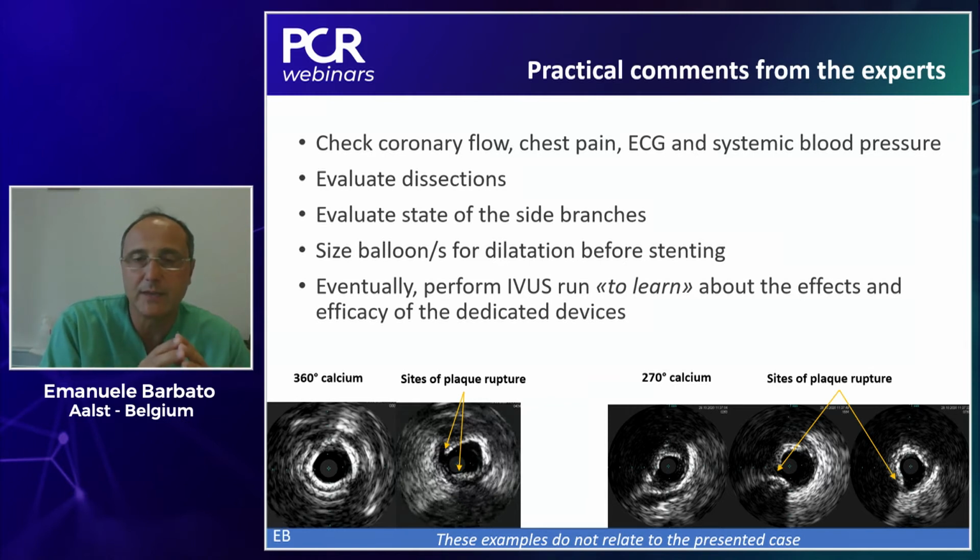I would make sure of that, and I would use the opportunity to size the balloon and the stents. And finally, I would decide the stenting strategy. But for sure, there is an intermediate step that is still missing: careful balloon dilatation and verification of the efficacious plaque modification.